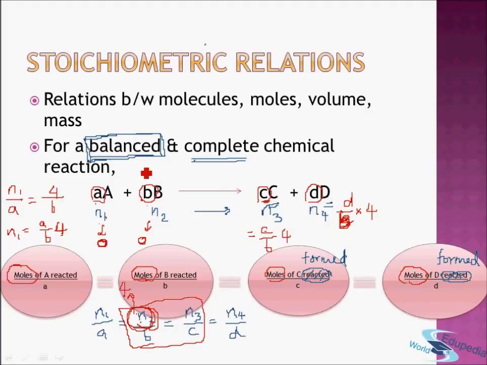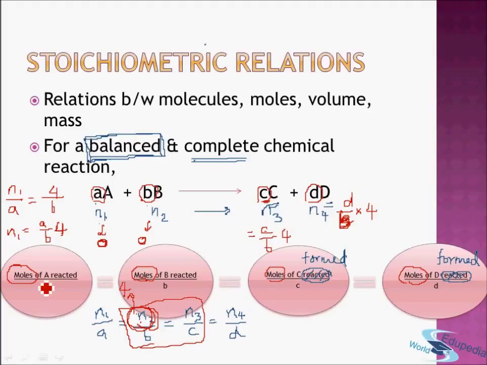Similarly, if all the reactants and products in the reaction are gaseous, I can also replace this by volume. So volume of A reacted divided by small a is equal to volume of B reacted divided by small b is equal to volume of C formed divided by small c is equal to volume of D formed divided by small d.